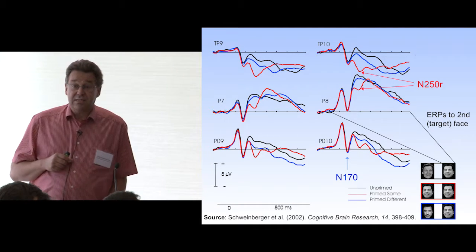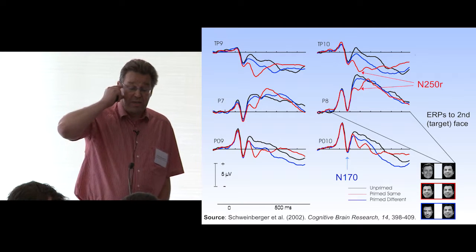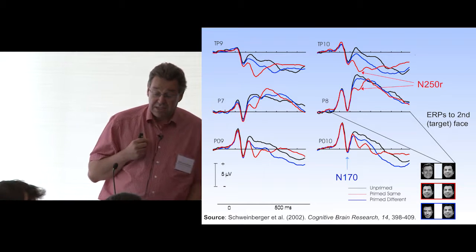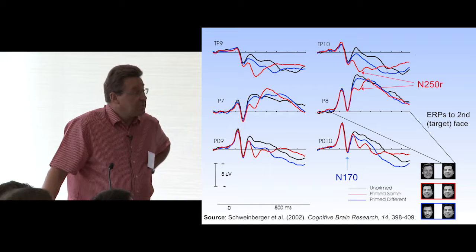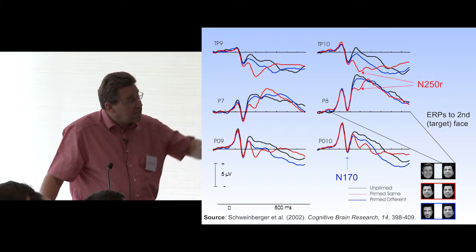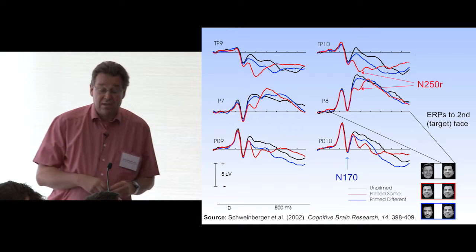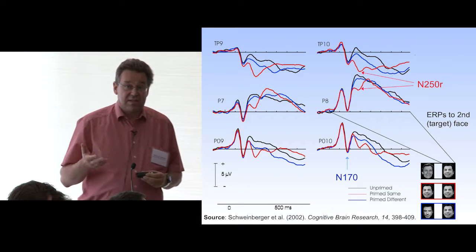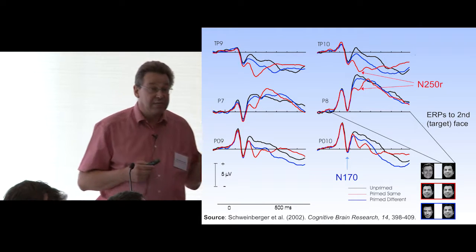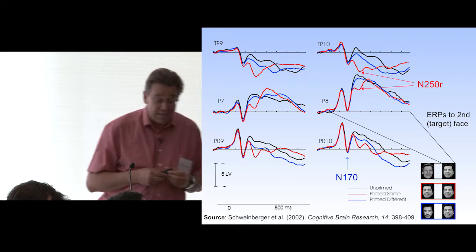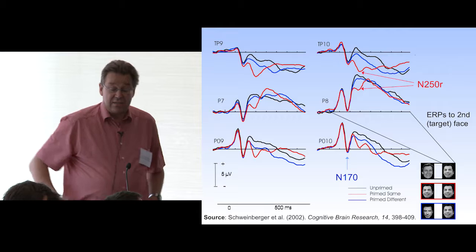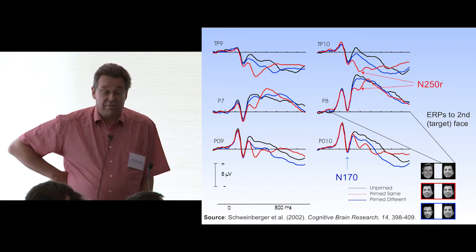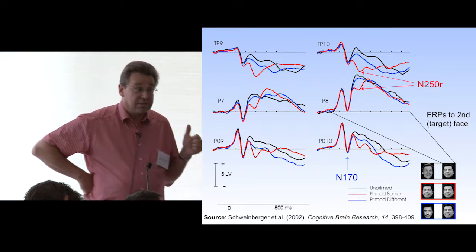So here's some evidence. This is a paper on repetition priming in which a familiar face was either preceded by a different face, that's the black traces, or it was preceded by the same face in the same image, that's the red traces, or the celebrity's face was preceded by a different image of the same person, that's the blue trace. And these are ERPs to the target faces, and you can see no repetition effects whatsoever for the N170.